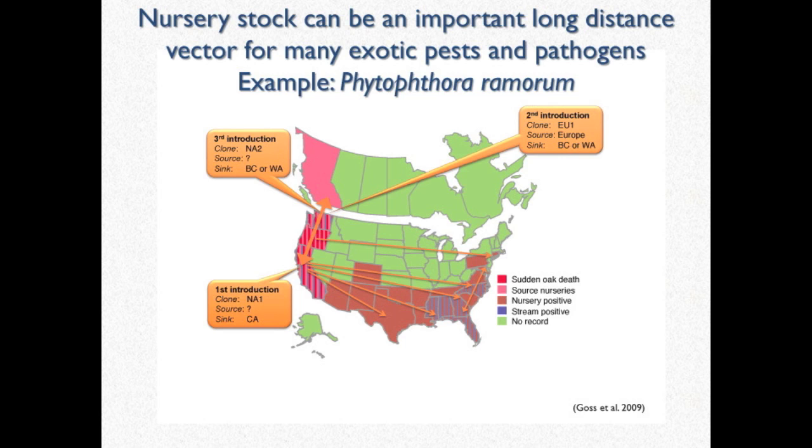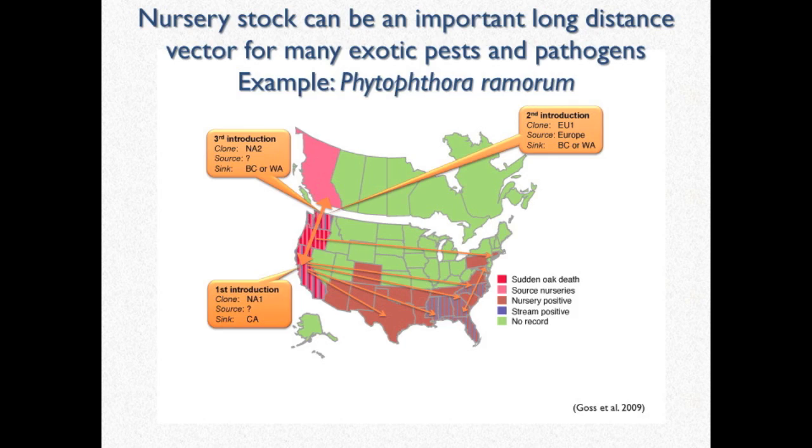The second time, a different clone was introduced into either British Columbia or Washington. The second time it came from Europe into British Columbia or Washington. The third time it was introduced into British Columbia or Washington. And it moved up and down the coast and then was moved on nursery plants numerous times.